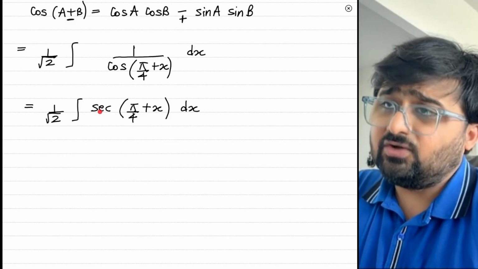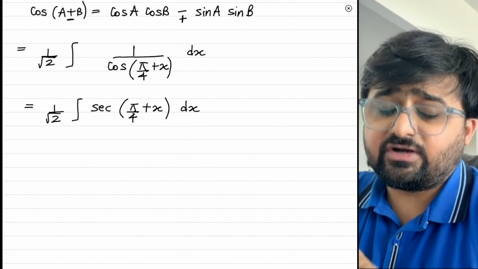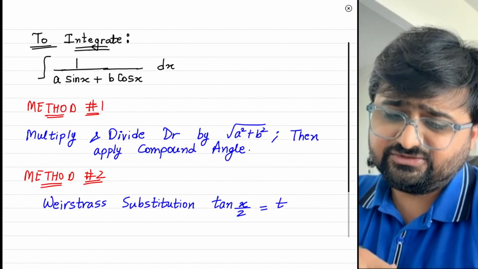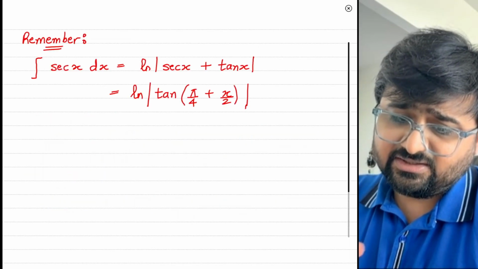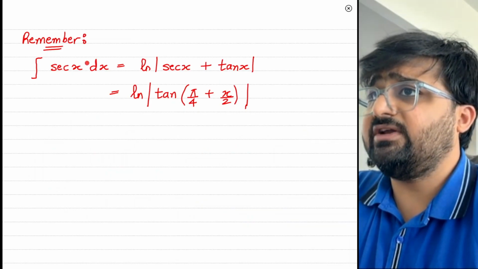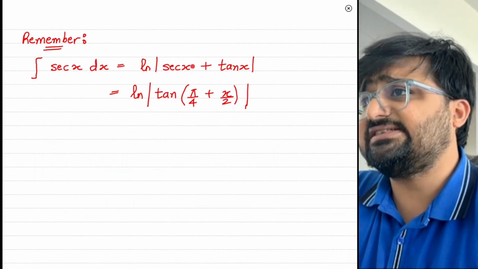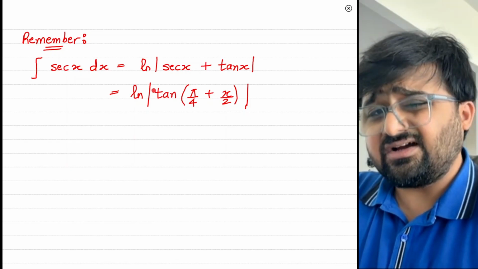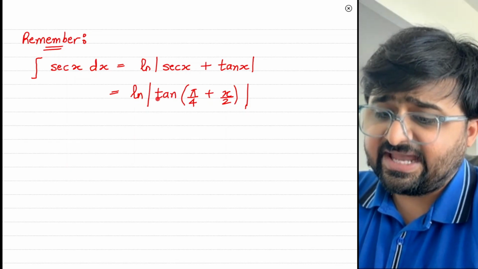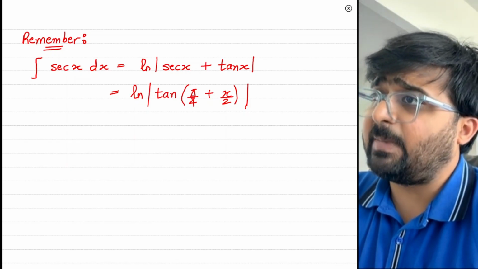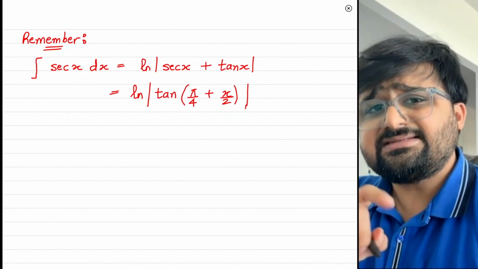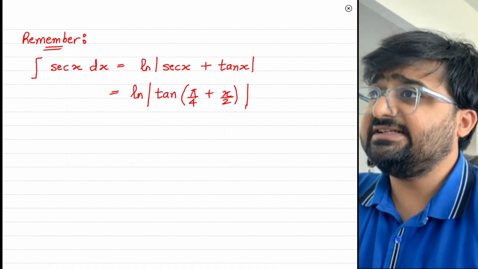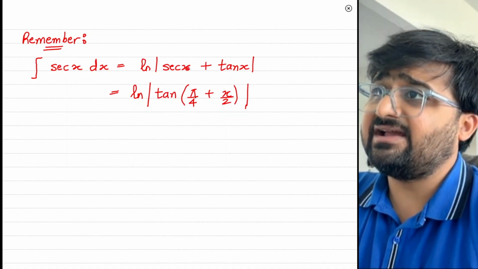Now the integral of sec: there are two formulas for integral of sec x. Let's look at both of those together. Formula number one for integral of sec x is ln of sec x plus tan x. The other formula is ln of tan of pi by 4 plus x by 2. Essentially, the difference between these two results is the angle. In this case, the angle is x.